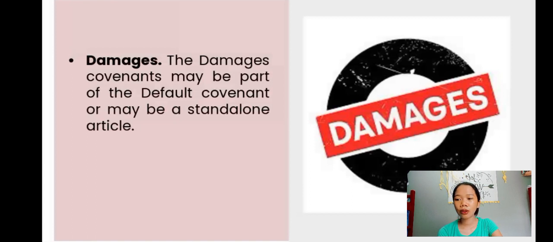Next is seek to evict the tenant from possession but not terminate the lease, and then seek past and future damages, or lastly seek any combination of the above as well as any other damages allowed by law.